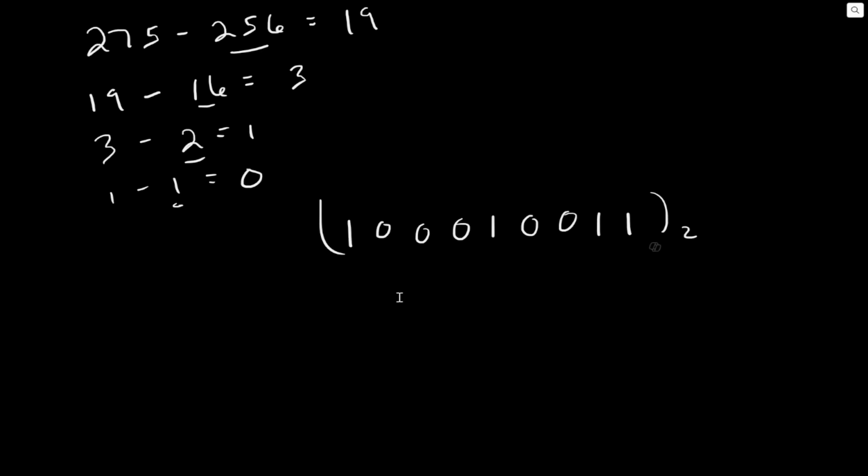All right, now let's try converting binary to decimal. So let's start out with 101 base 2, and we're going to go to decimal. This is column 0, column 1, column 2. We can start on the left.